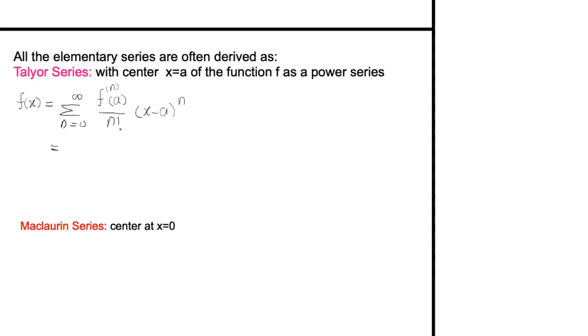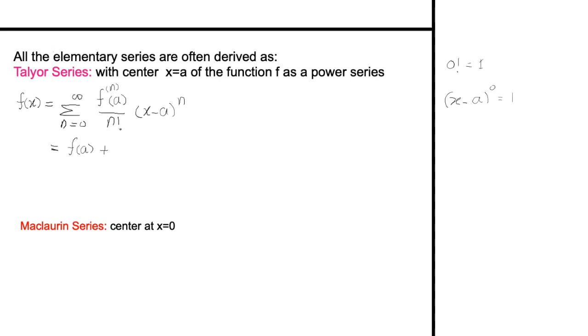The first term, for n equal to 0, will be f of a, the function itself evaluated at point a, where we know that 0 factorial is equal to 1 and x minus a to the power 0 is also equal to 1. So the first term is f of a.